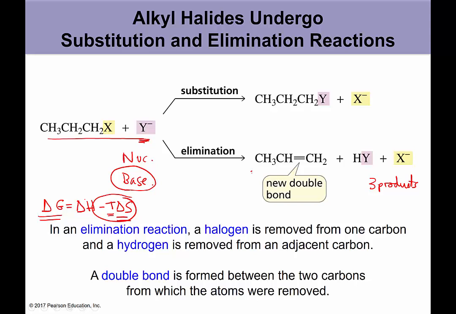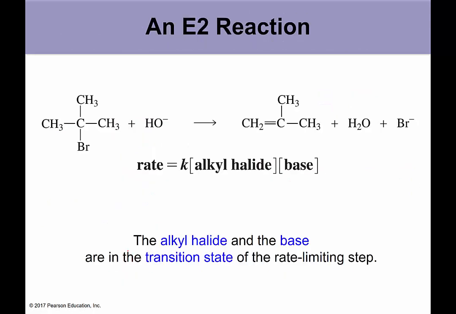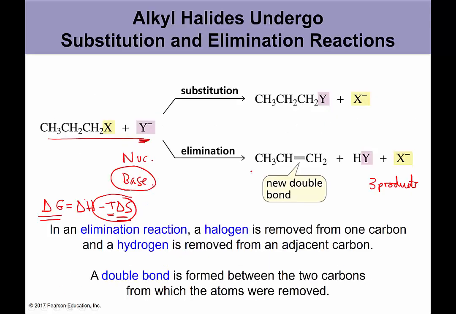The other thing to point out is that when you do an elimination reaction, the hydrogen is removed from the carbon adjacent to the leaving group. This is often called a beta elimination.